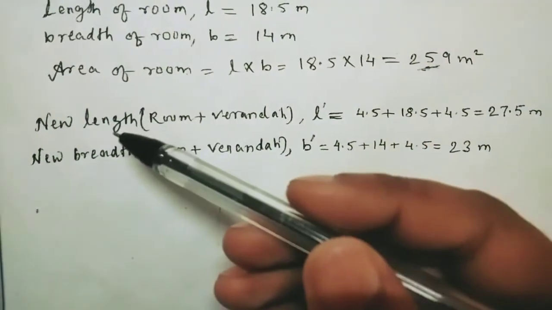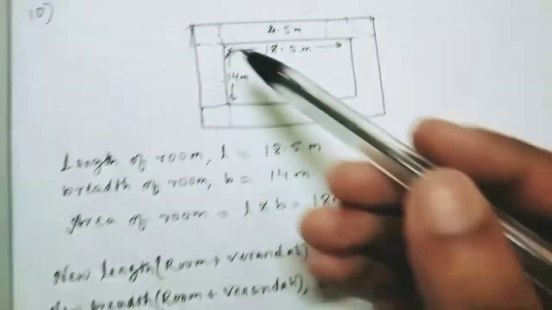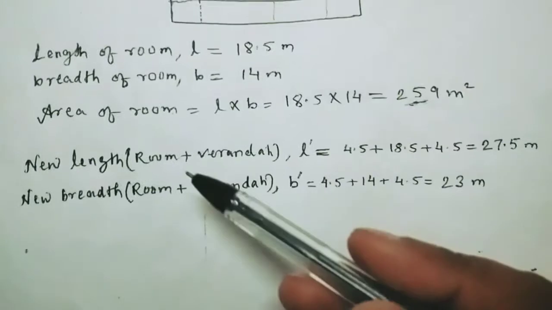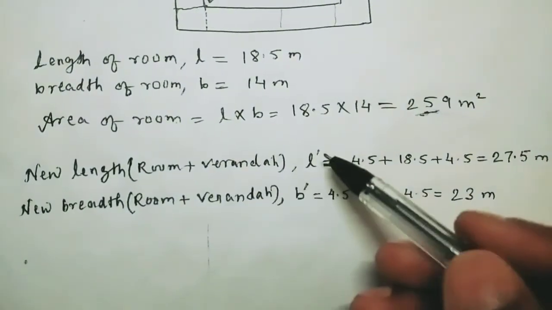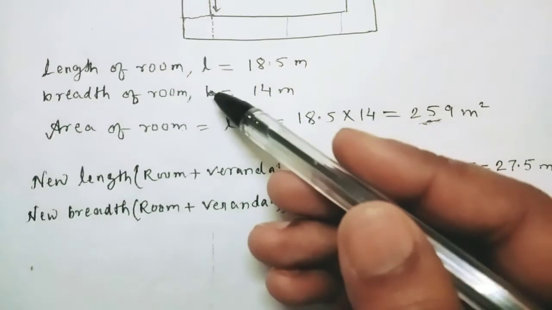Now students, here you can see new length. That is, new length is what? Room plus veranda. That means this room plus this total veranda. So new length, room plus veranda, I have written here as L dash, because L is already here, B is already here.